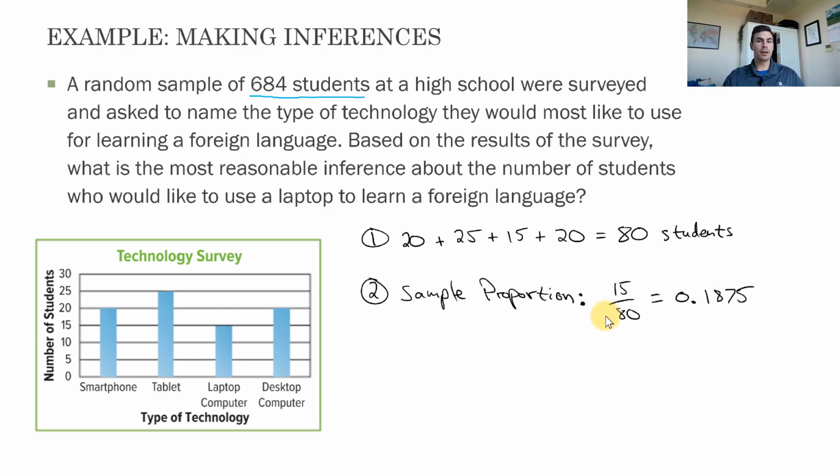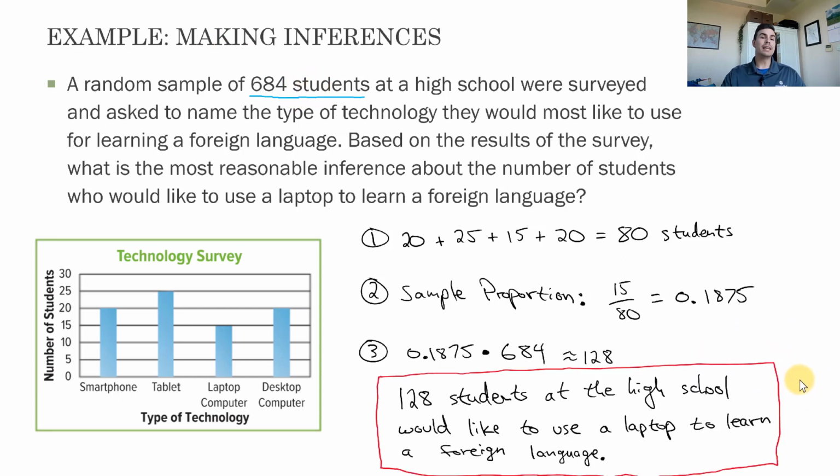And then from there, we can make our inference and say, well, my sample proportion multiplied by my total population is going to be about 128. So we can make the inference that 128 students at that high school of 684 students would like to use a laptop to learn a foreign language. Okay, so just based off of 80 students, I'm making an inference about the total population of our 684 students.